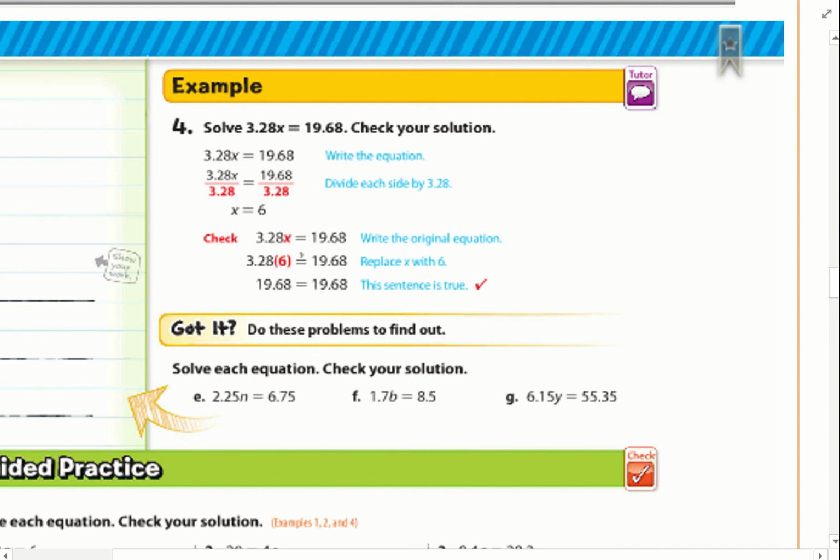Example 4, this is 3 and 28/100 x equals 19/68. Check your solution. So if I take 3 and 28/100 x equals 19/68, we're going to divide each side. And then x is going to equal 6.